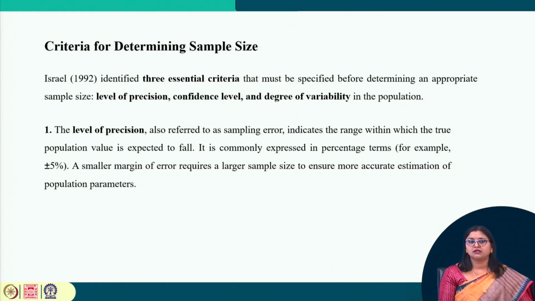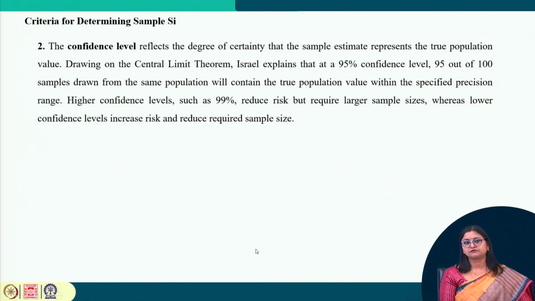The level of precision, also referred to as the sampling error, indicates the range within which the true population value is expected to fall. It is commonly expressed in percentage terms, such as plus minus 5%. A smaller margin of error requires a larger sample size to ensure more accurate estimation of the population parameter.